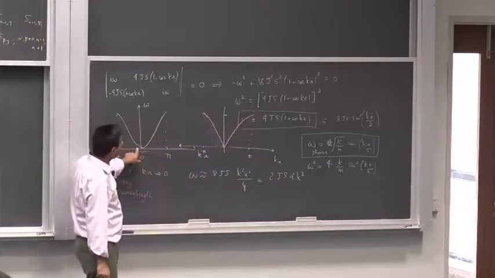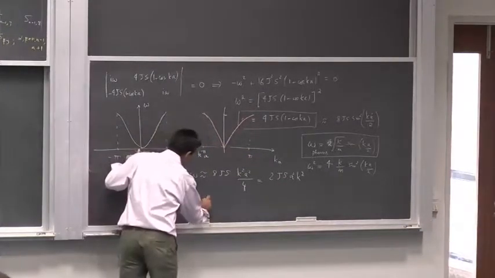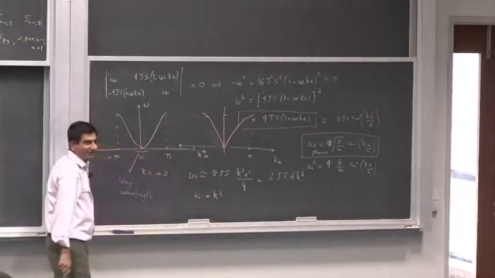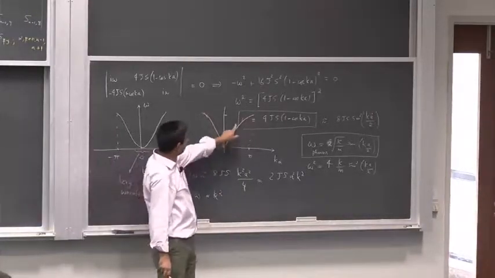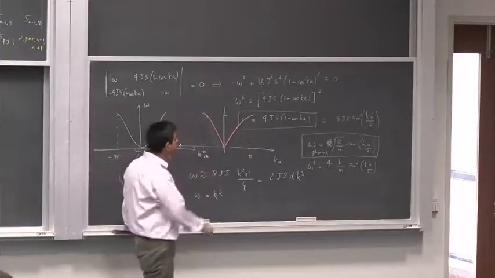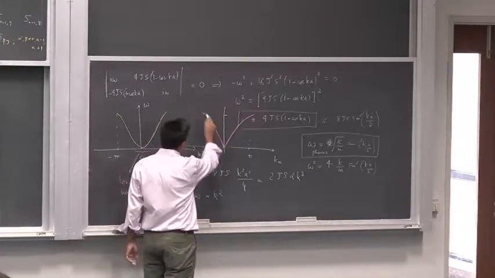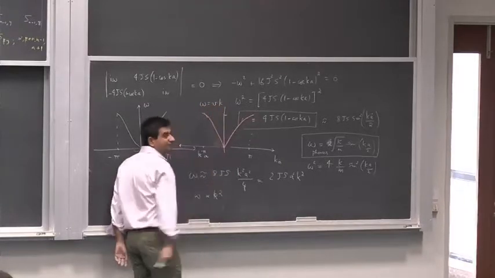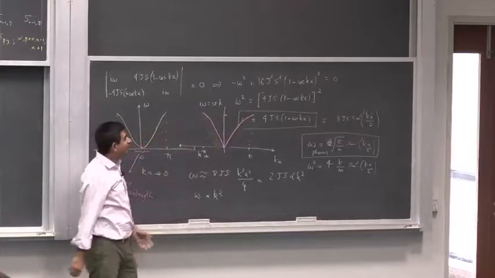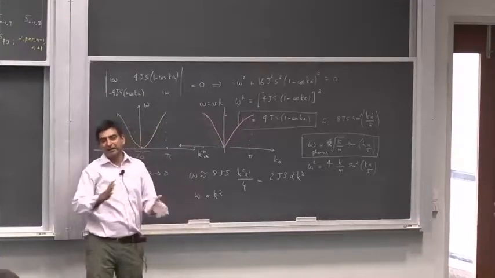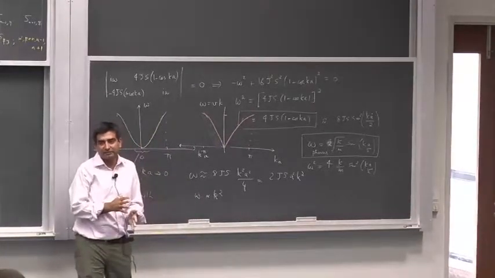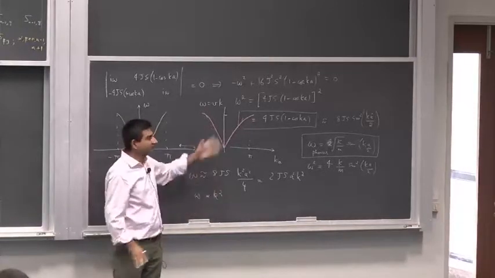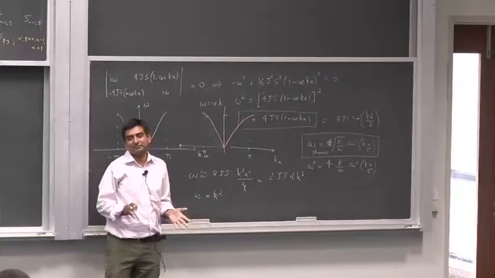So omega is proportional to K square here. It's a parabola here. Whereas here, it's going to be a straight line. The relationship is linear. Remember, for phonons in the long wavelength regime, omega equals Vk. This is just an acoustic wave traveling in a lattice, where V is the speed of sound inside that solid.